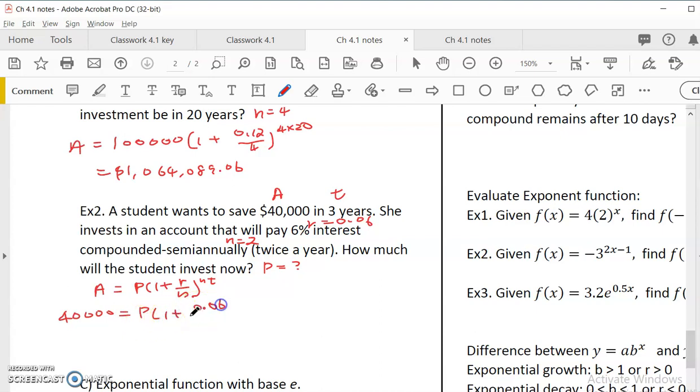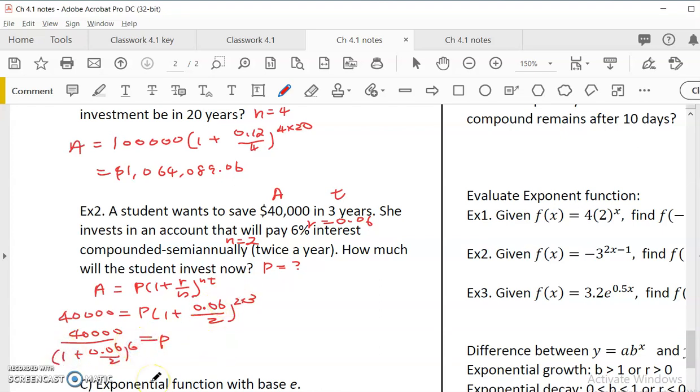I know the interest divided by 2, because it's twice a year, and 2 times 3, since we want it in 3 years, 2 times 3 here. So I want to find P, so I would just divide by this whole group on the other side. So P is equal to 40,000 over 1 plus 0.06 divided by 2, to the power 2 times 3, which is 6.